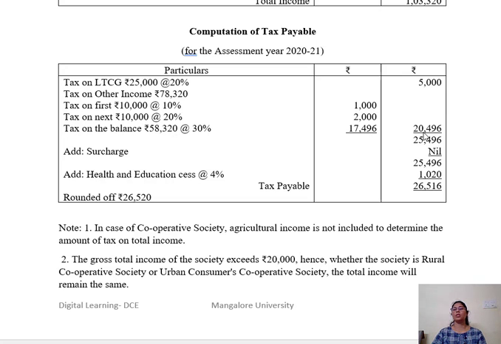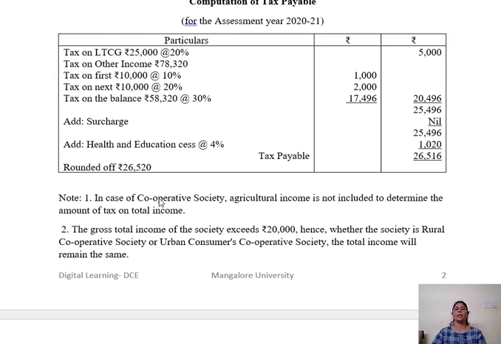So the tax payable is 20,496 plus long-term capital gain tax. Total comes to 25,496. There is no surcharge, and health and education cess at the rate of 4% on 25,496 comes to 1,020. If you add this, you will get the tax payable, that is 26,516, which can be rounded off to 26,520.